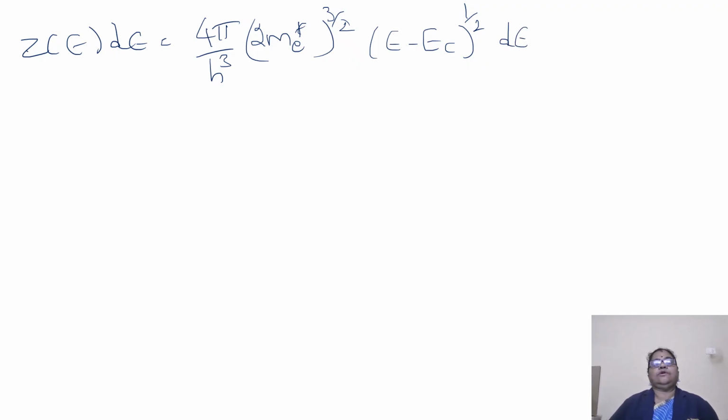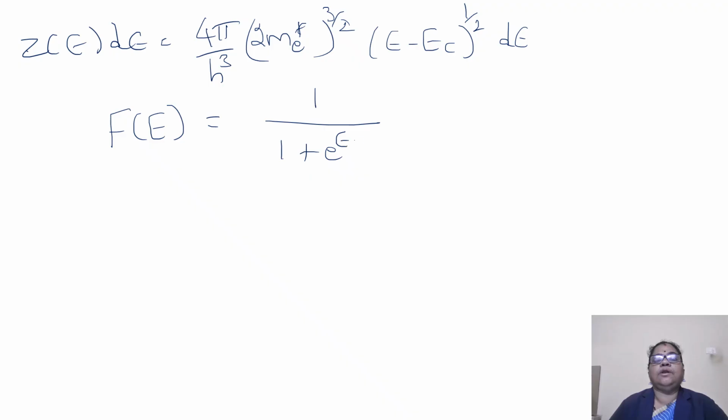So this is the Z(E) dE expression, and we should also know what f(E) means. f(E) is the probability of occupancy at the Fermi energy level. As we know, the expression is 1 divided by 1 plus e to the power (E minus EF) by kT.